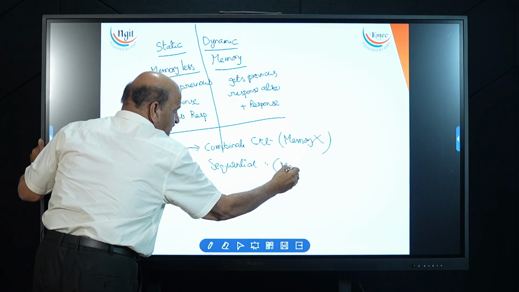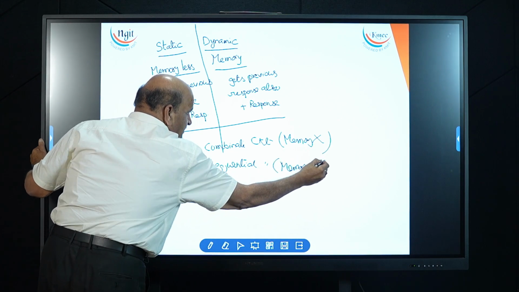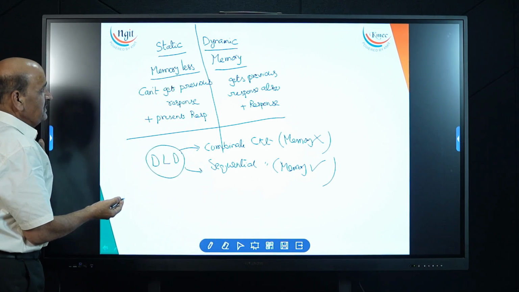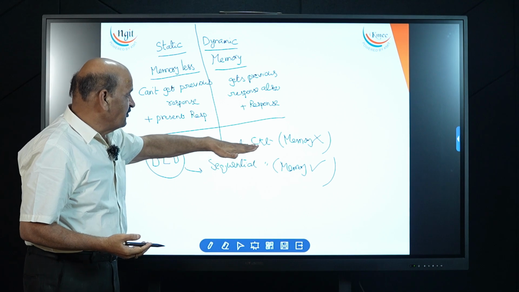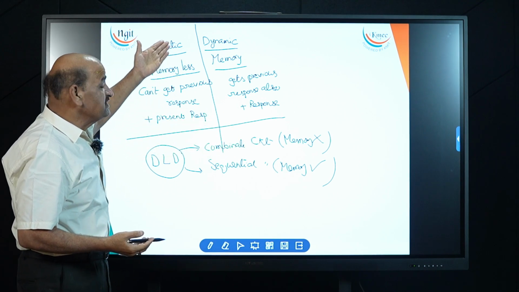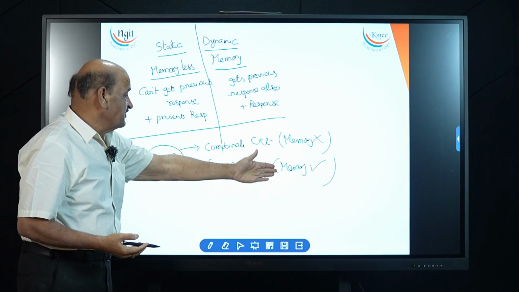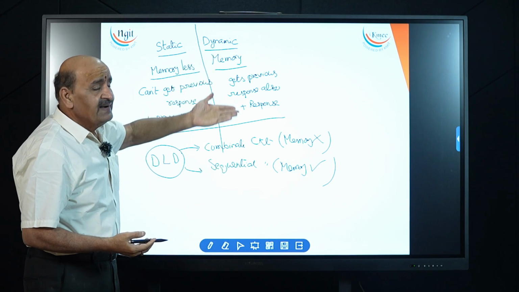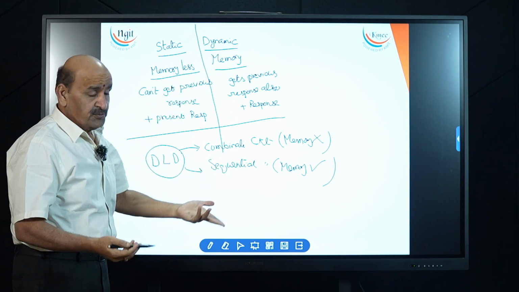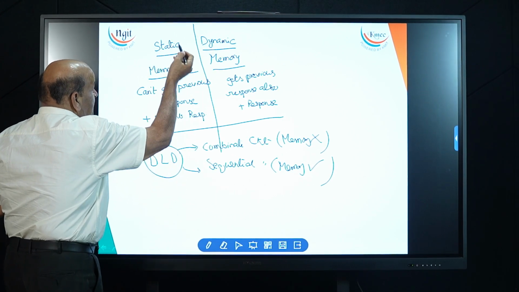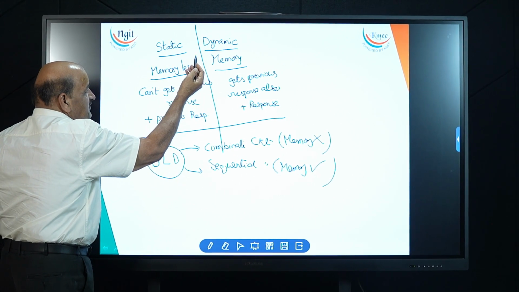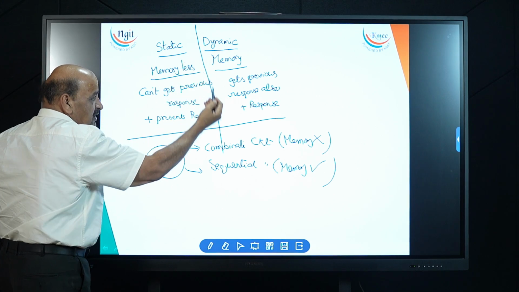Sequential circuits are with memory. That means a system that supports only combinational circuits is static, and a system that supports sequential circuits is called dynamic from the electronics point of view. The same concept we are discussing now. So the main difference between static and dynamic is memoryless and memory.